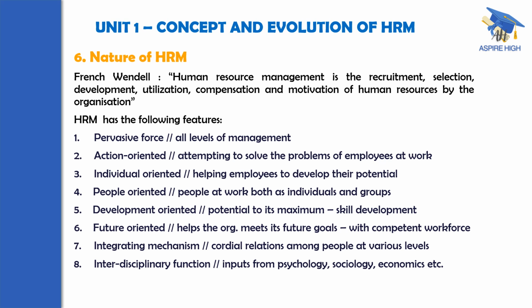People oriented means we have to pay attention not only to people at work as individuals but also as groups of individuals, because teamwork is very important for the achievement of the organization's objectives. Therefore, we should have an approach of treating them not only as individuals but as groups of individuals. That is all about the people oriented feature.